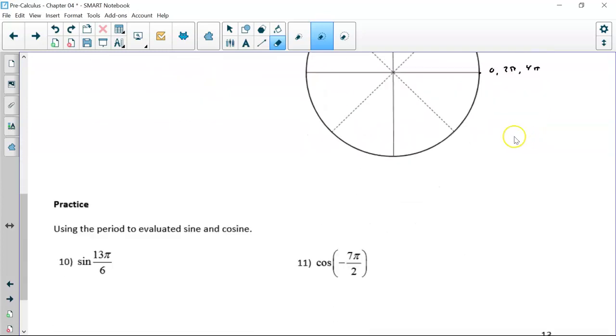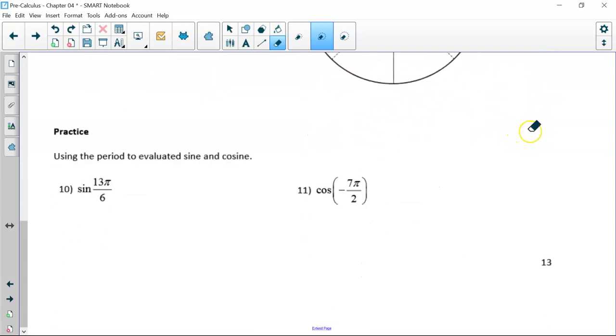So if we're looking at evaluating sine and cosine for 13 pi over 6, that's already above 2 pi. So what I can do is find its basic angle. It's the same as the sine of 13 pi over 6, which is the same as 12 pi over 6 plus pi over 6.